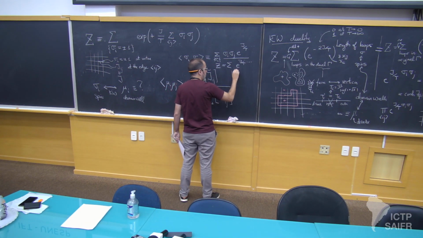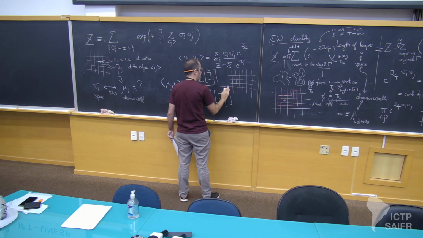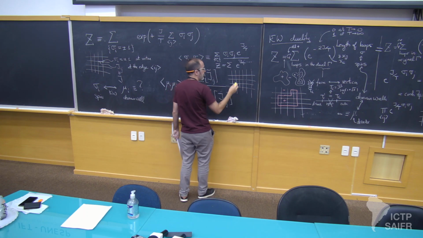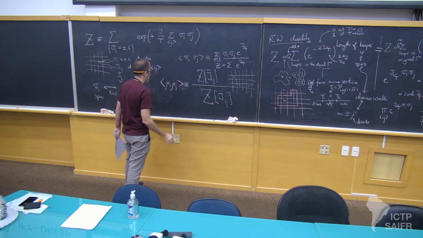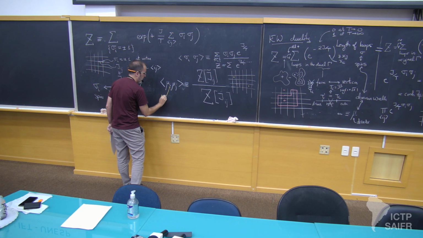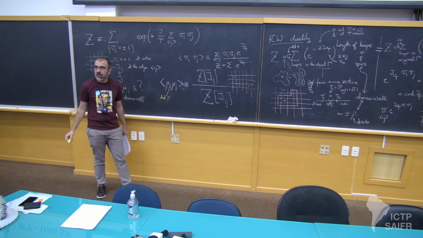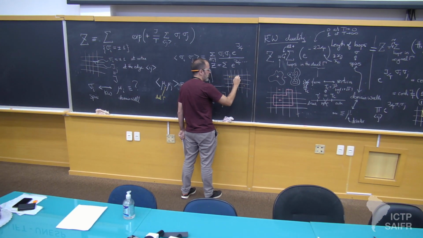You have your lattice, and you define the mu's to live in the dual lattice, for example, here and here. So this index i lives in the dual lattice. And now draw a path that connects i and j, for example, this path.